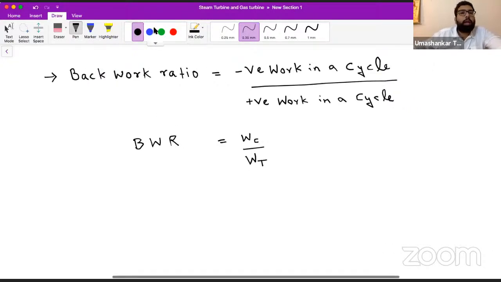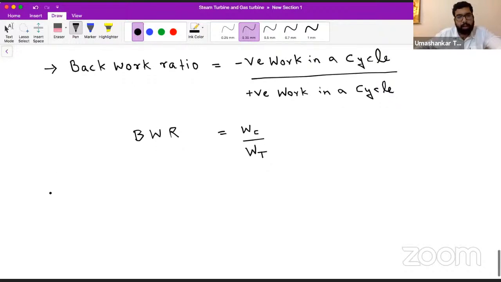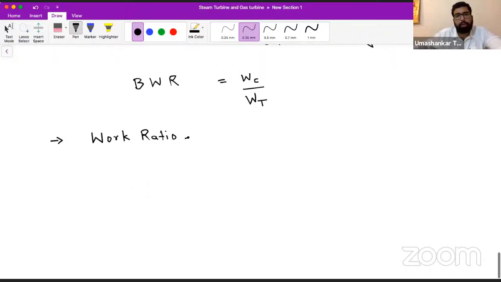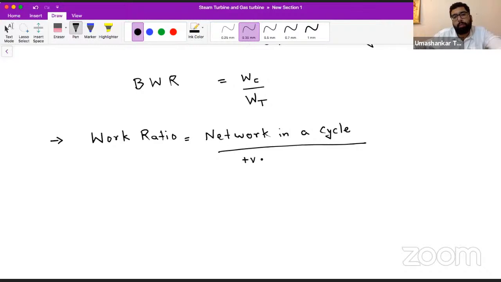Now there is another term, let me define that also. We have one thing called the work ratio. This work ratio is nothing but the net work in a cycle upon the positive work in a cycle.